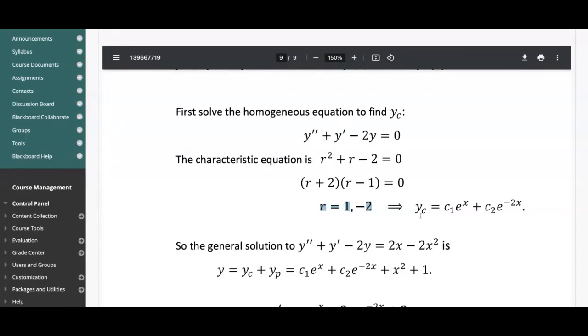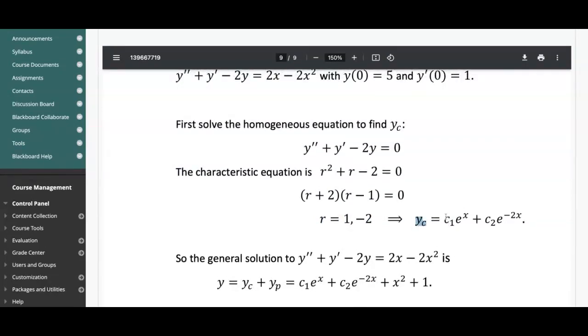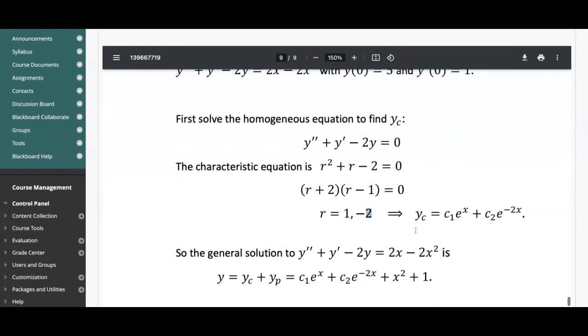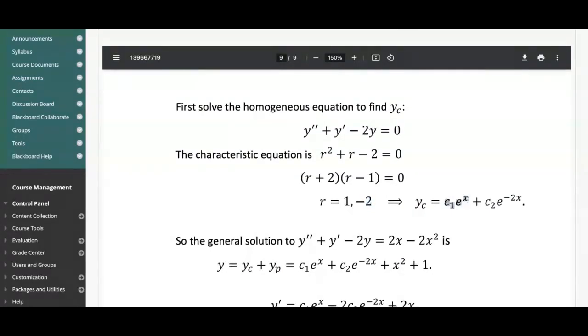And that tells us the complementary solution. The complementary solution is C1 e to the 1x, because r is 1, e to the 1x, that's e to the x, plus C2 e to the -2x. So that's the complementary solution.